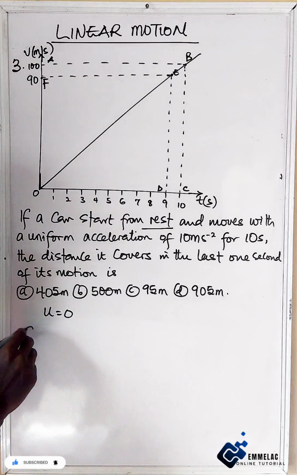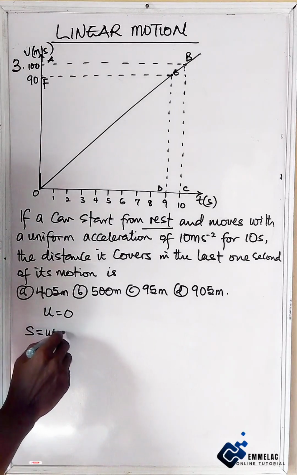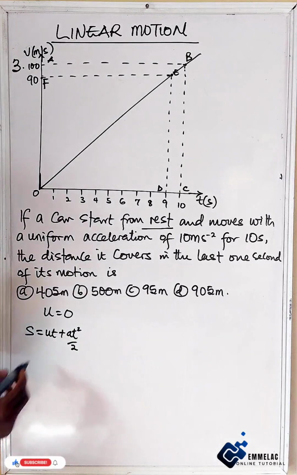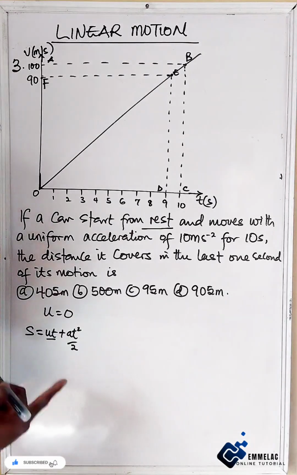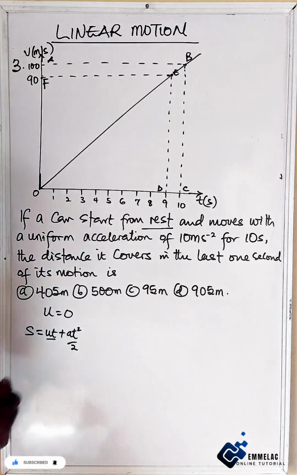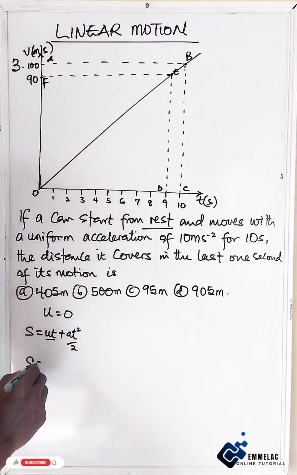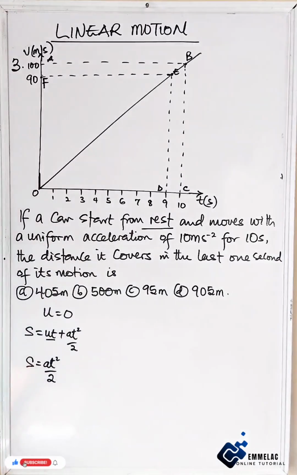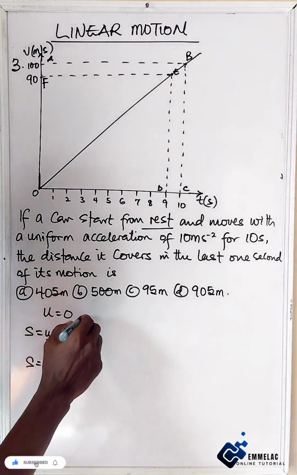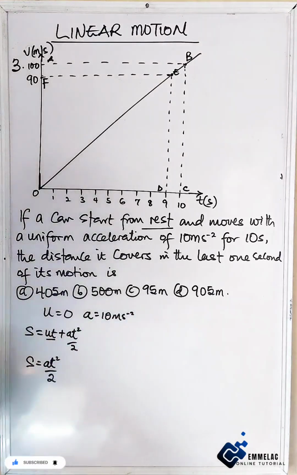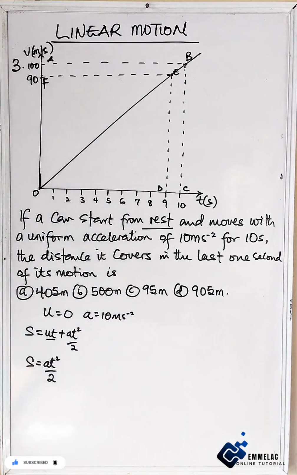Now making use of this equation, the whole of ut is 0 because our initial velocity is 0 as the car starts from rest. So our equation becomes at squared over 2. Our a, which is acceleration, is given as 10 meters per second squared.